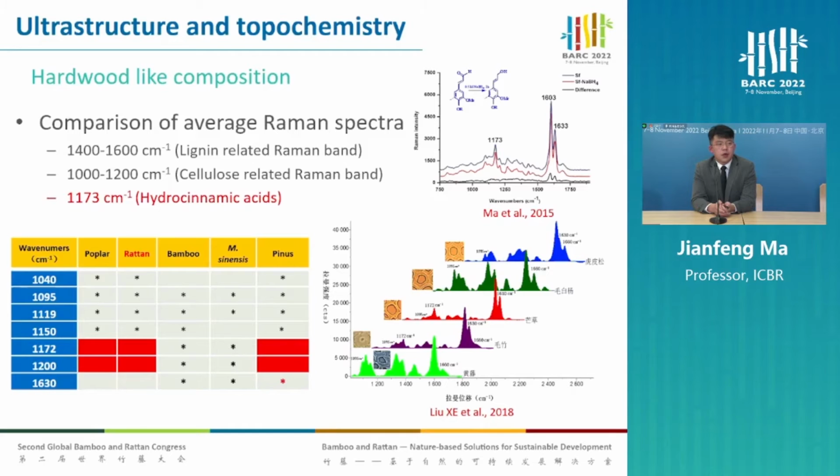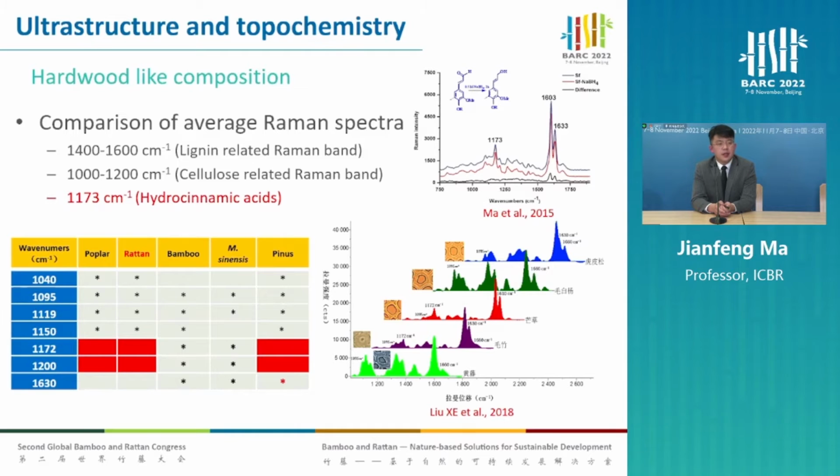The first one is from 1500 to 1600, mainly from the lignin-related band. Another area is from 1000 to 1200.